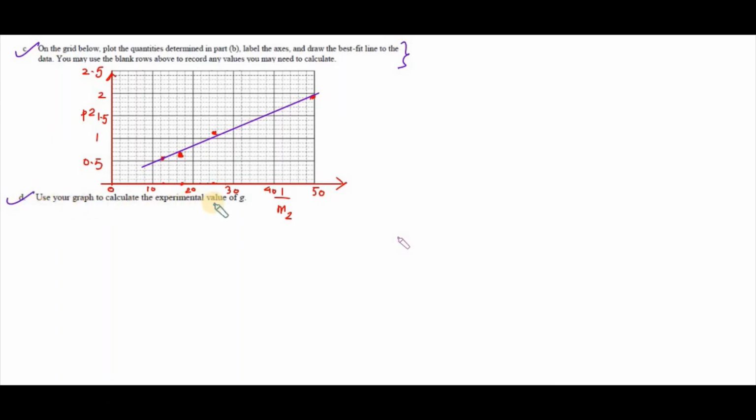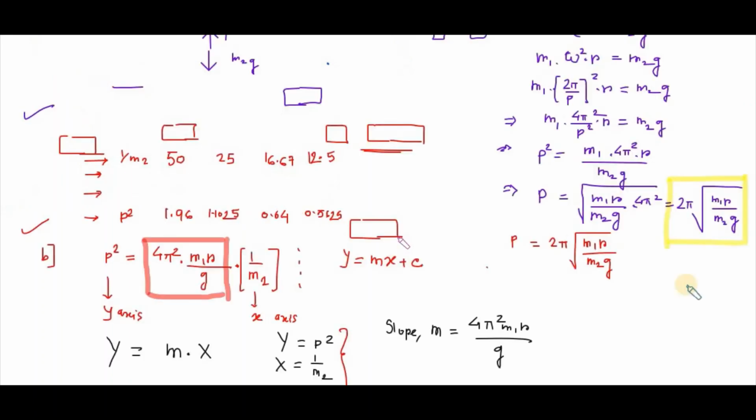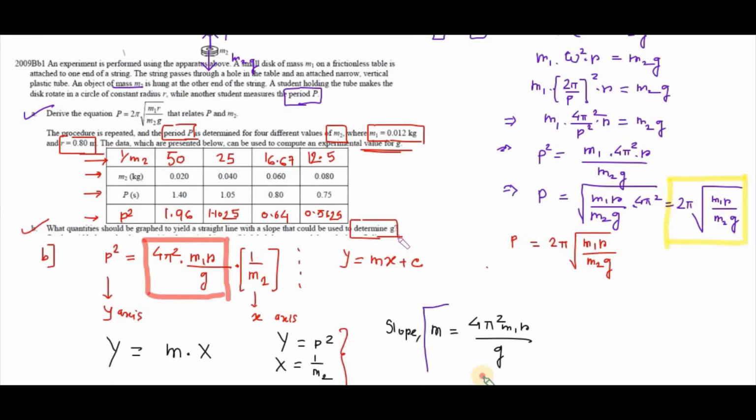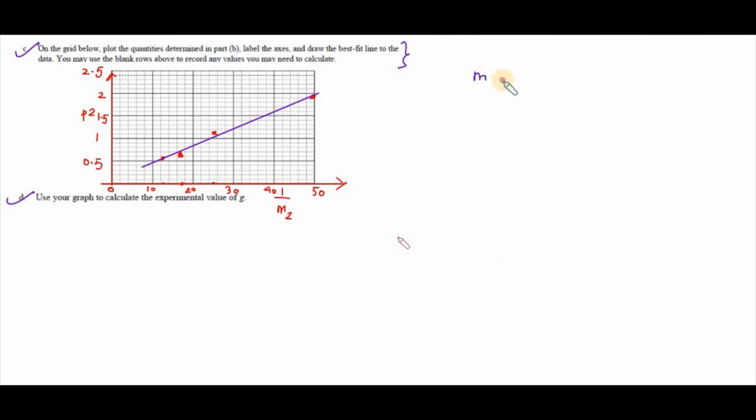Use your graph to calculate the experimental value of g. Earlier in the previous section, we defined the slope as 4 pi square m1 r by g. So m, representing the slope or gradient, is equal to 4 pi square m1 into r upon g.